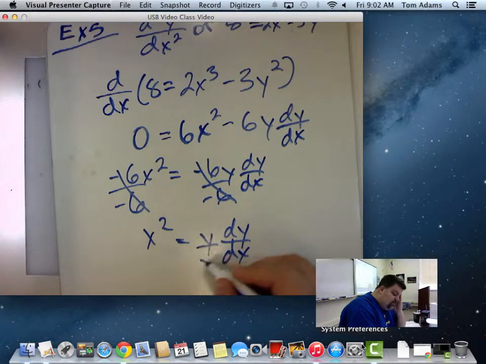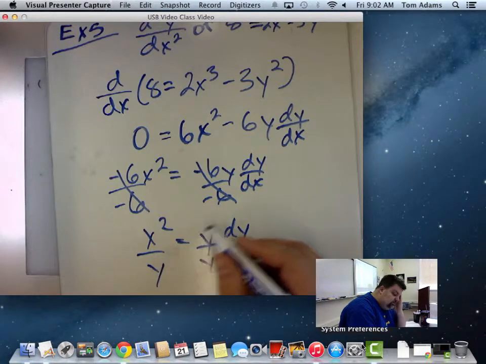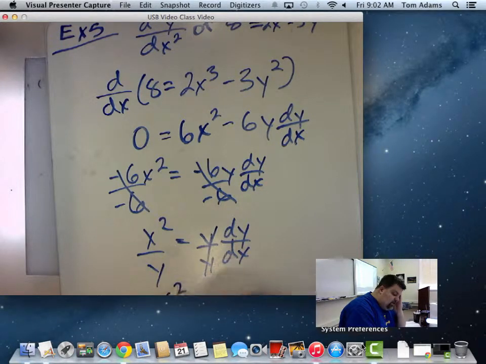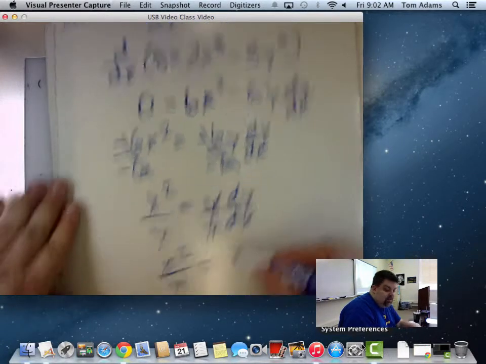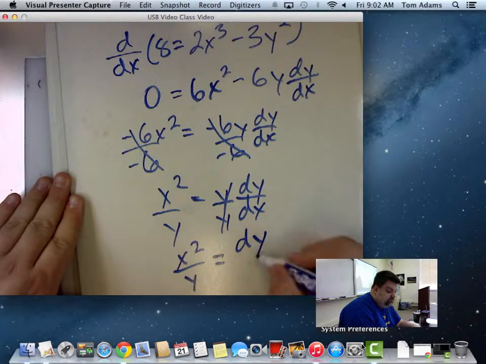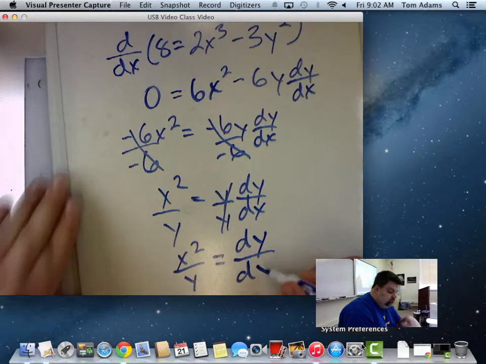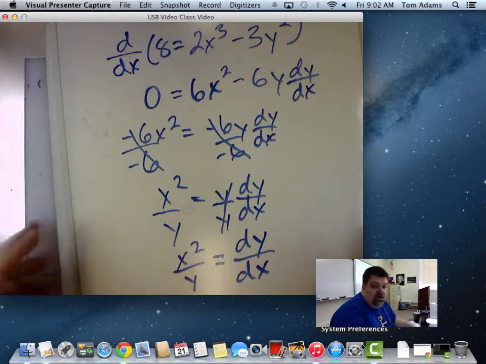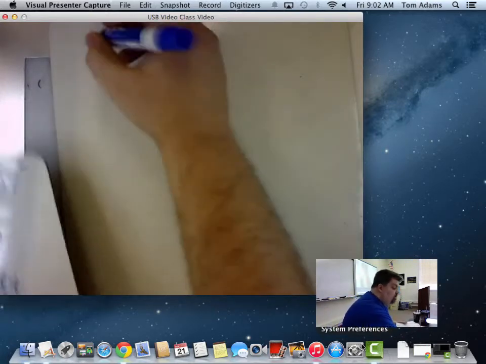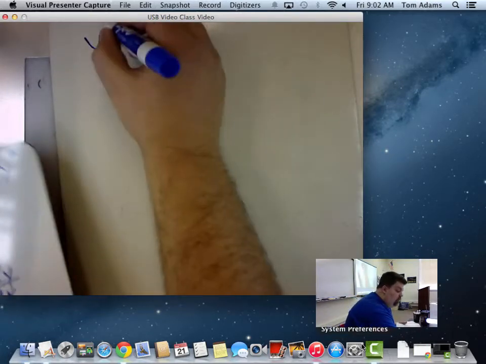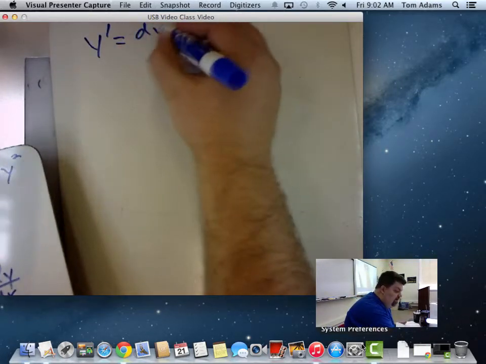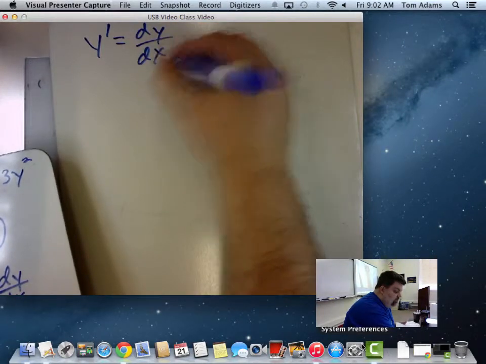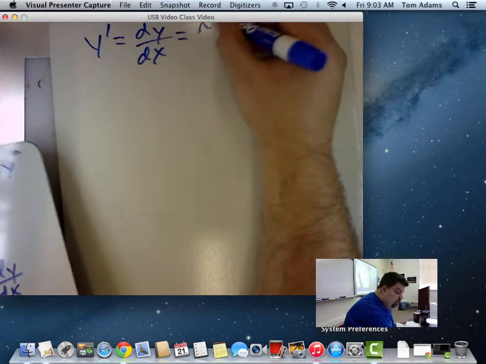And then we divide both sides by y. And so I get x squared over y is dy/dx. And so that's the first derivative. So I'm going to start fresh over here, and I'm going to say y prime then is dy/dx, which is equal to x squared over y.